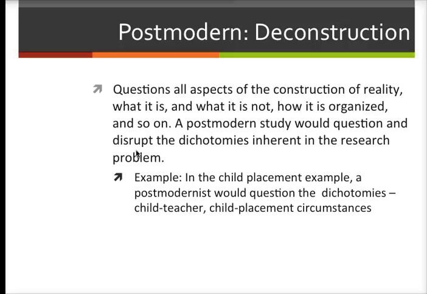So similar to a critical stance, but this one is not looking so much at power and privilege as it is looking at, what are the assumptions here, okay? So for an example, in the child placement example, a postmodernist would question the relationships of child-teacher, child placement, okay? So our traditional ideas of what constitutes a child and a teacher, a postmodernist would question that. Why are these dichotomies here, okay?